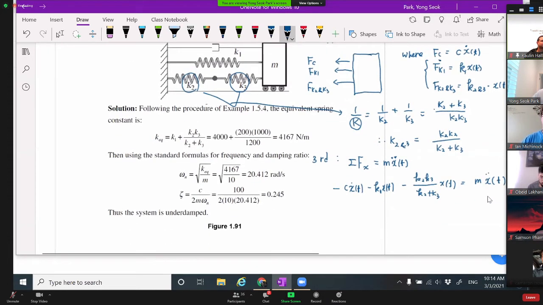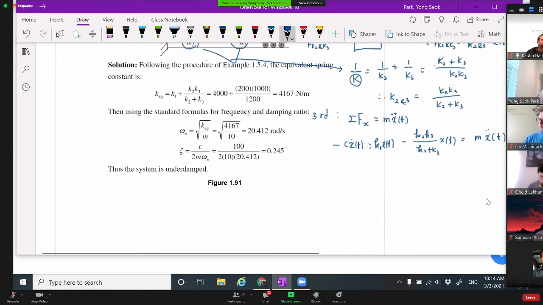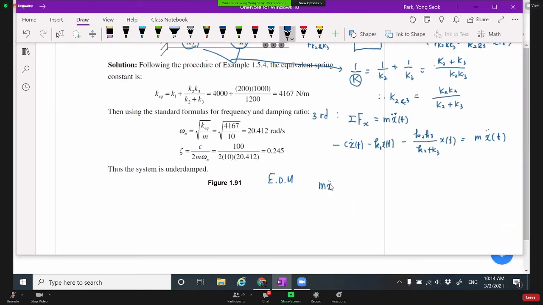Can you understand? So now the equation of motion should be, what is it? And we organize, right? m x double dot plus c x dot. And can I combine this together?